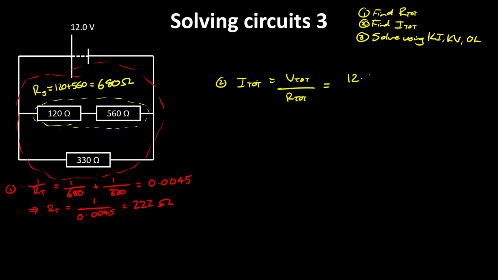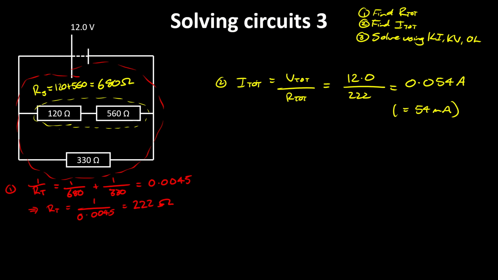So it's 12 volts divided by 222. Is 0.054 amps, which is 54 milliamps. All right, now we know that, we then can start solving things.